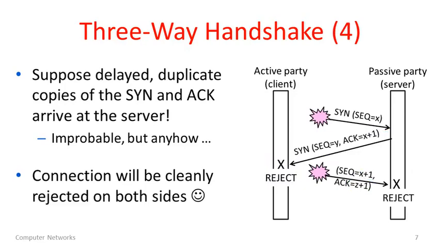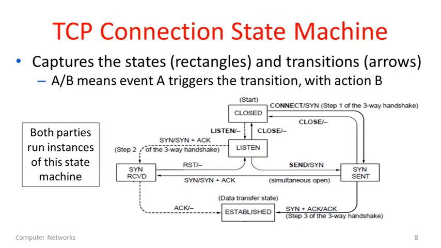And here's a cleaned up version of that. So as I say here, it's cleanly rejected on both sides. Well, in what follows, what we'll do is go through the connection state machine. I've described to you the three-way handshake that's used to set up TCP connections. But various possible other states can occur while connections are being set up.